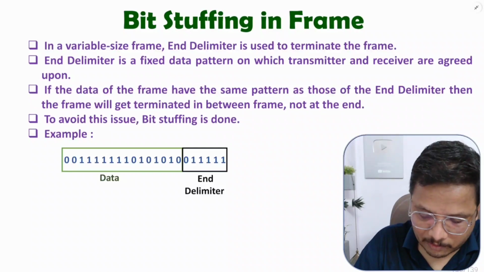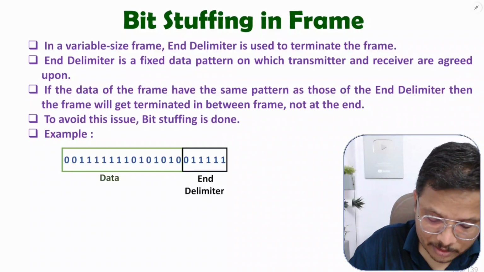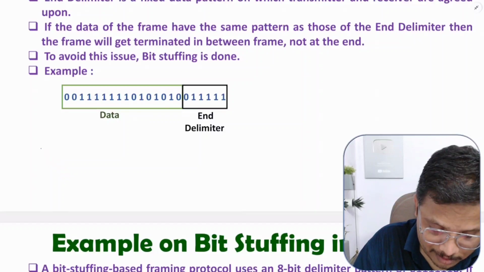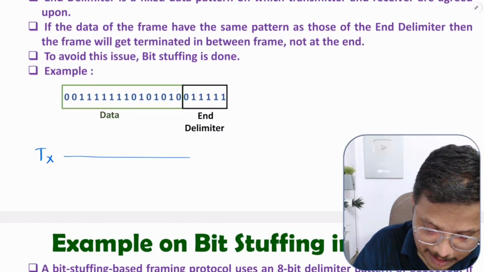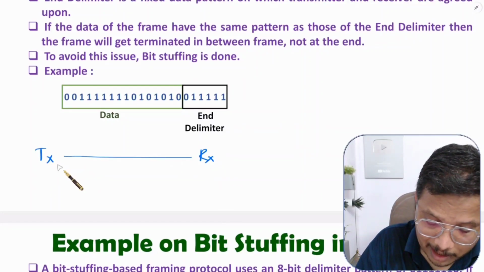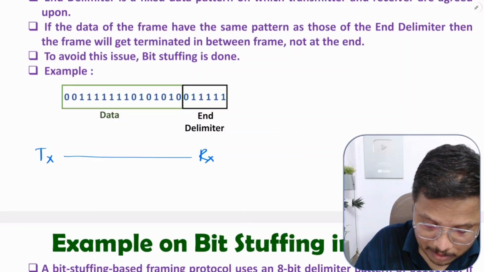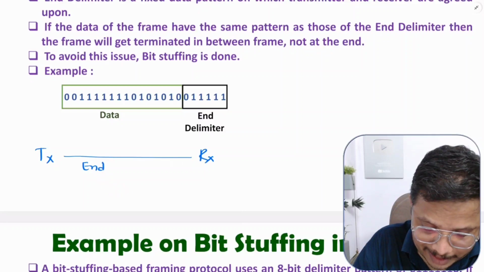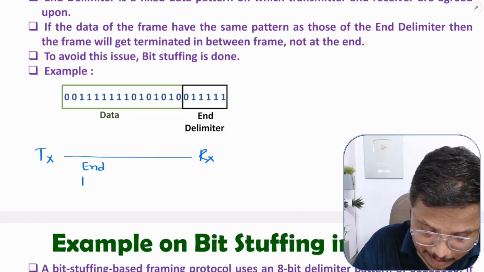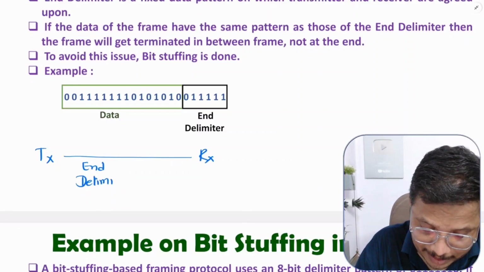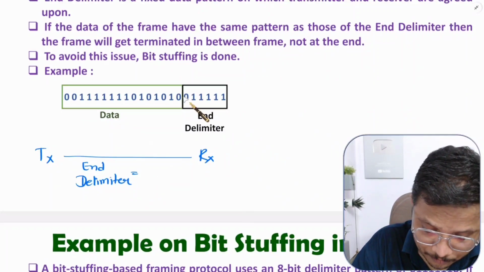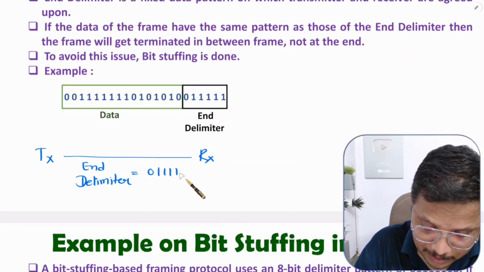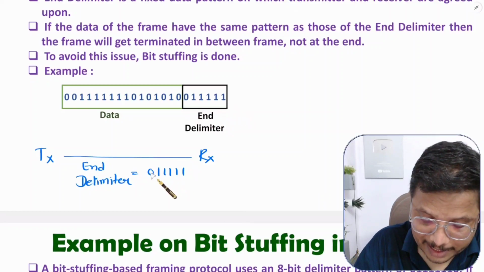Like you see, first of all what are the transmitter and receiver doing? Both have agreed upon a protocol. That protocol indicates the end delimiter, which equals 0, 1, 1, 1, 1, 1, five 1s are there, right?